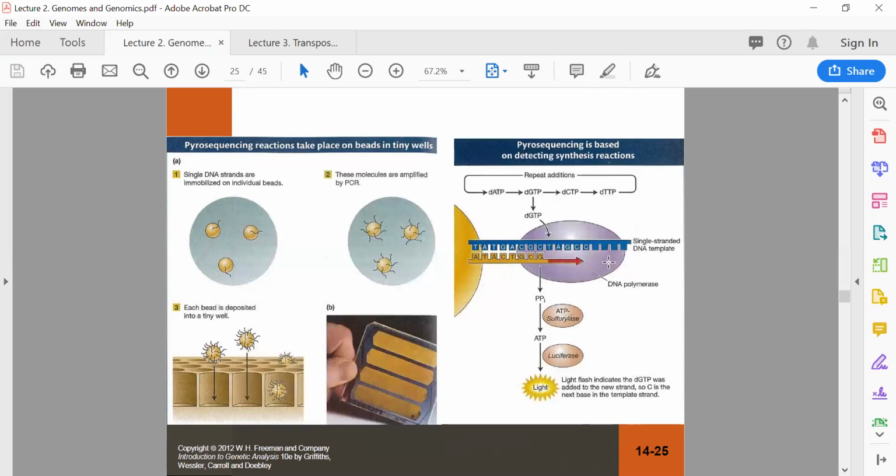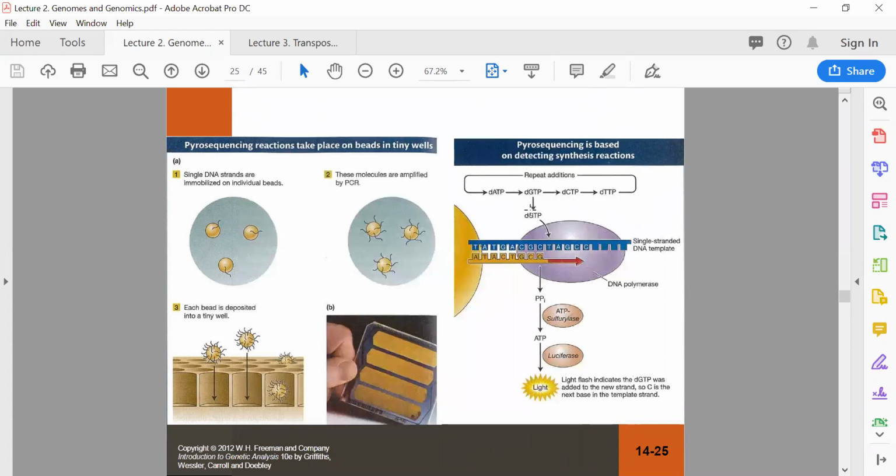Here we have our enzyme at work, our DNA polymerase enzyme. And up here we have repeat additions of the 4 nucleotides, that is A's, G's, C's, and T's. And they are passed through each of these wells to facilitate this reaction here.